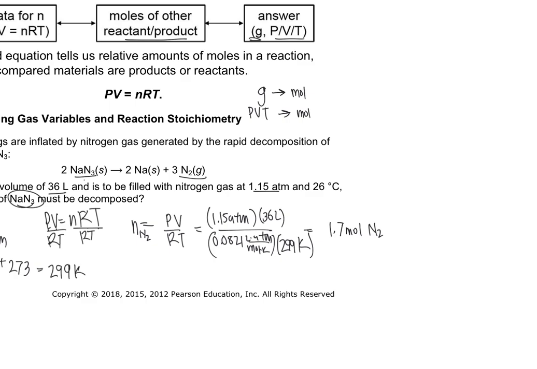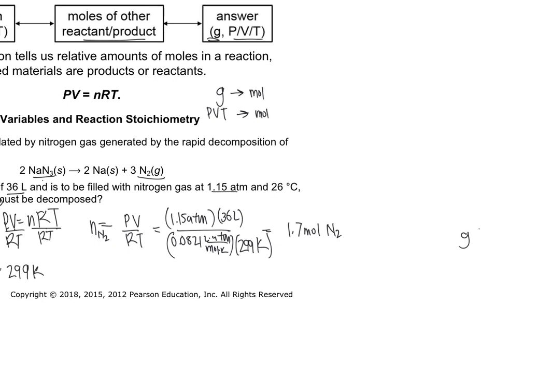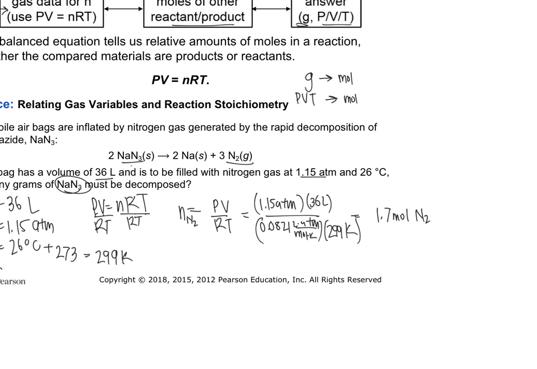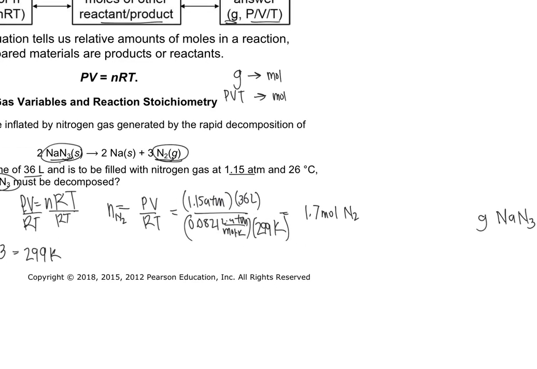It wants to know how many grams of sodium azide we have. So we're in moles of nitrogen. We need to get to moles of sodium azide. So I can use my chemical reaction to go from moles of nitrogen gas to moles of sodium azide. Look at our stoichiometric coefficients: 3 for nitrogen here, 2 for sodium azide.